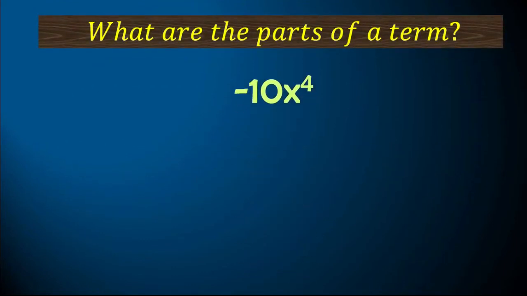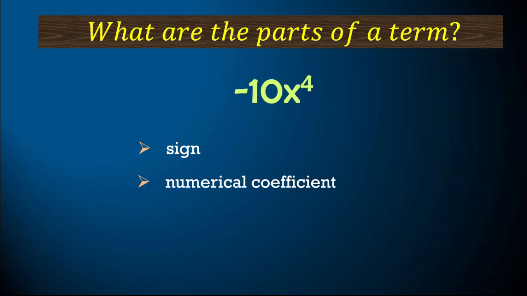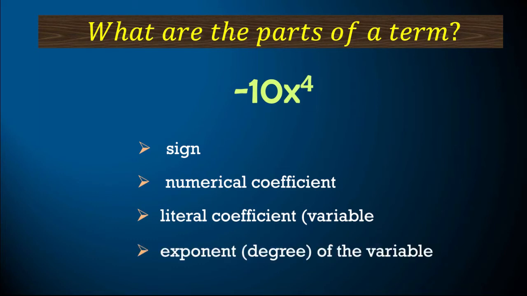Say, for example, we have this term, negative 10x to the fourth. So the parts of a term are the sign, numerical coefficient, literal coefficient or the variable, and the exponent or the degree of the variable.